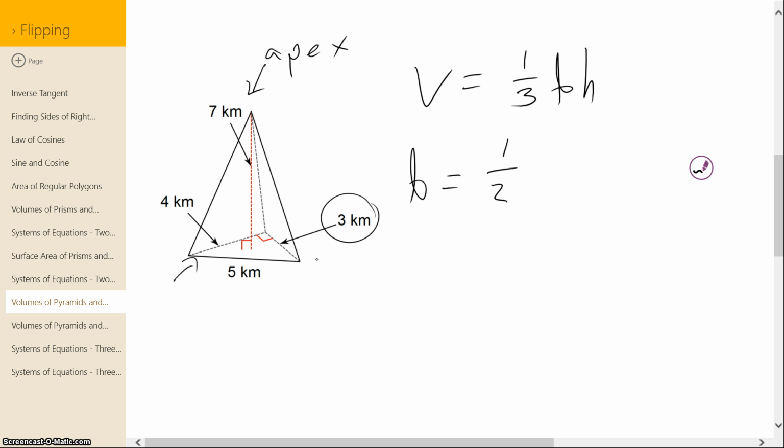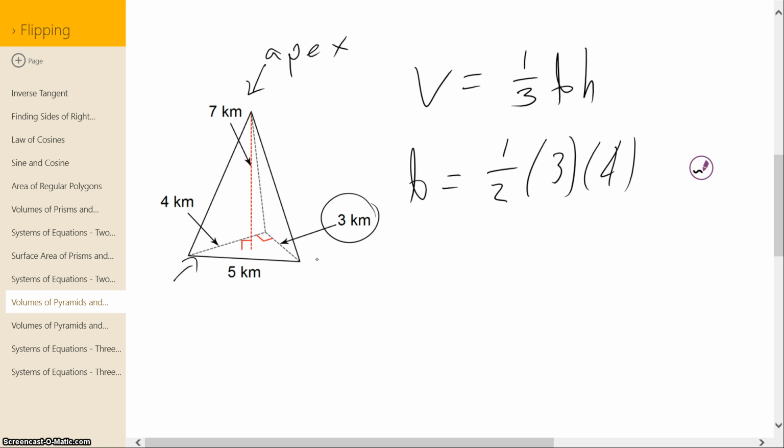That's what I'm looking at right now. We keep talking about all these different bases, so it's important just to make sure that you're clear on what is what. So in this case, we're talking about the base of just the triangle, so that would be 3. 1/2 base times height. In this case, this height is 4. Just don't get them confused.